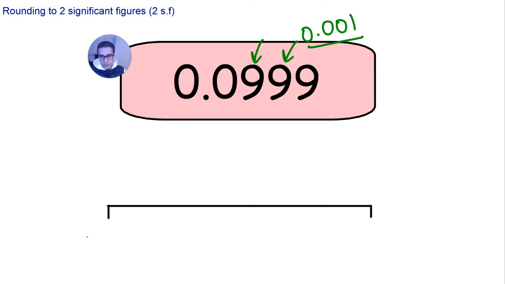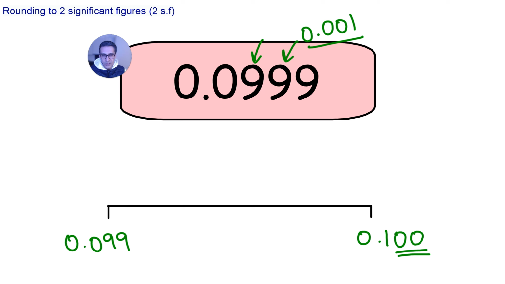So here we're going to write 0.099. When you add 0.001 to that, you get 0.100. Now normally we don't write these zeros here, the trailing zeros, but in this case we are going to keep them here just to make a point that we've rounded it to 2 significant figures.